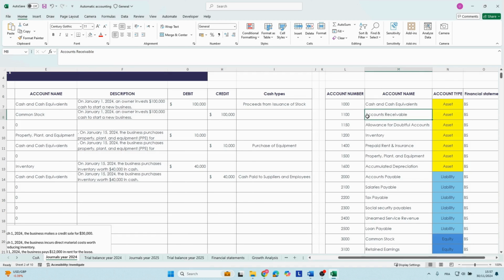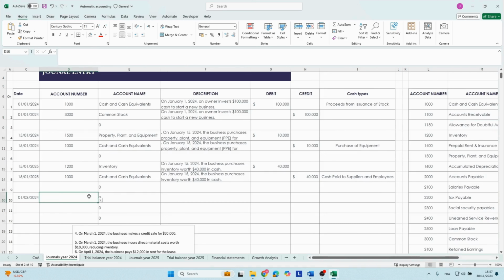So we have to report it in accounts receivable. So accounts receivable is 1,100. So we put the description for this transaction, and we put the amount, which is 30,000.